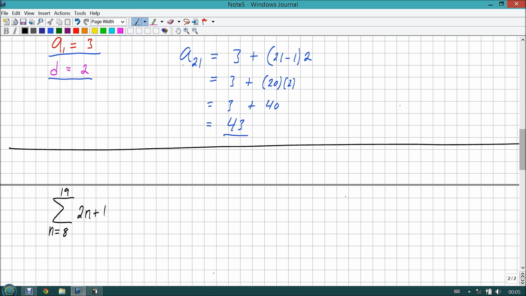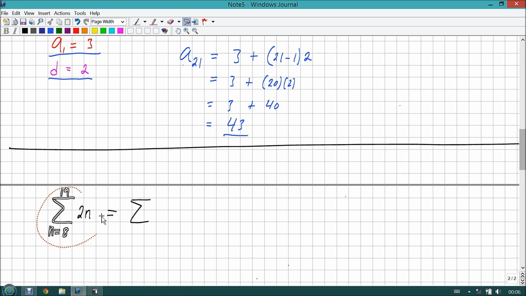Well, for this one, we have to confirm that it's arithmetic. Yes, it is. Okay. Then we have to figure out how to add them together. Fortunately, we're given a beautiful formula for this. So the sum for the first n terms of a summation goes like this.